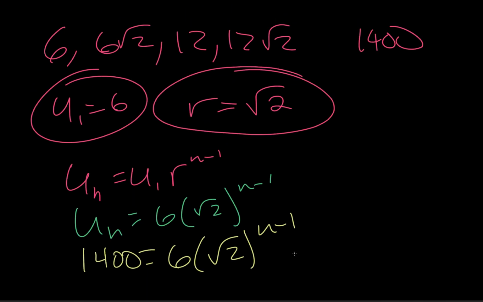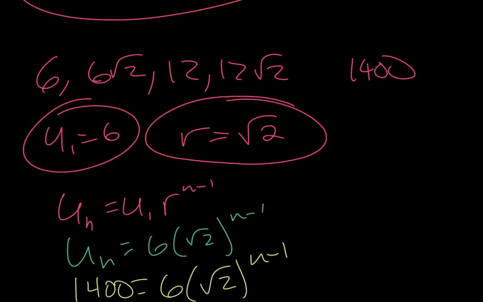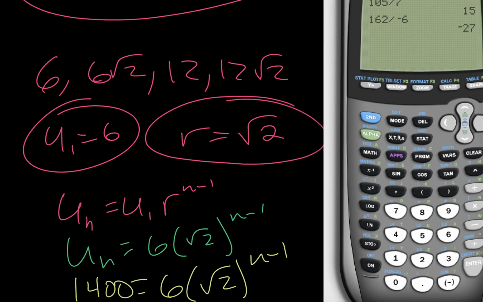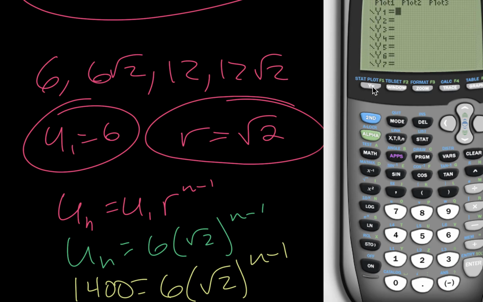And we want to solve this. Now, since we haven't talked about how to do this algebraically yet, we will do it with a calculator. So to do that, we're going to go to here. We're going to graph both sides. So we have 1400.